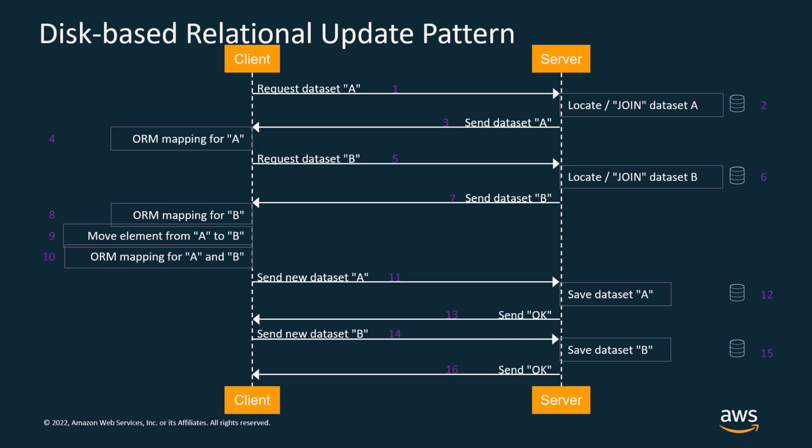So we remove the element from set A and add it to set B. Then we need to send data set A back, and the same for data set B. Then we receive the final OK from the database. So in that flow, we have 16 steps, and in several steps the database needed to read from disk or write to disk, and also a lot of communication between the client and server happened. So let's see how that can be done in Redis.